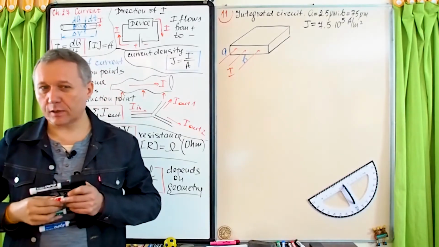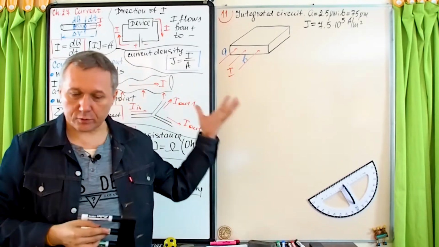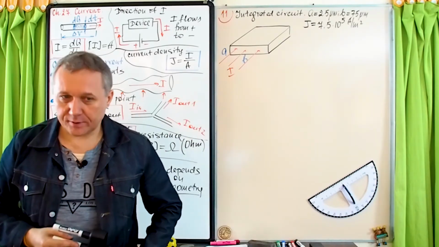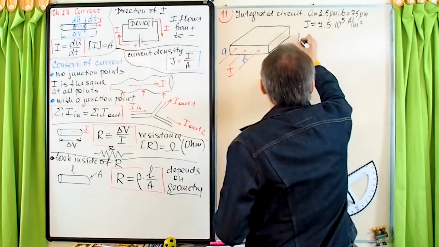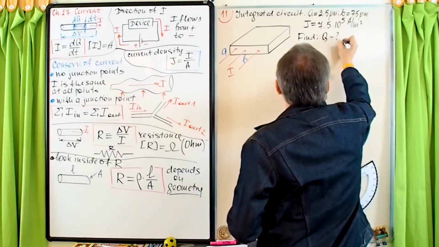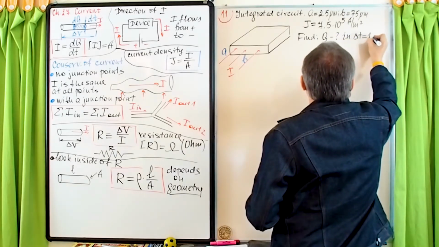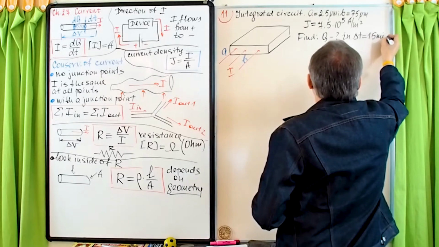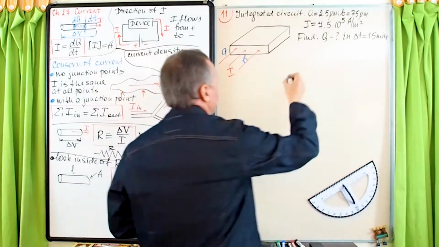We just need to calculate the amount of charge that flows through this element in 15 minutes. So we need to find Q in delta T equals 15 minutes.